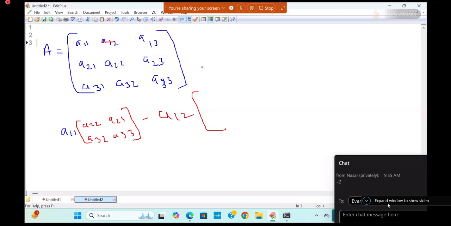Start this part, come on. A21, A23, A31, A33. This is called this. Next, plus. Why is there a minus? There is a lot of meaning for that. I am not going into mathematics. Sir said minus, so you are also taking minus. Why minus? There is a lot of meaning for that.